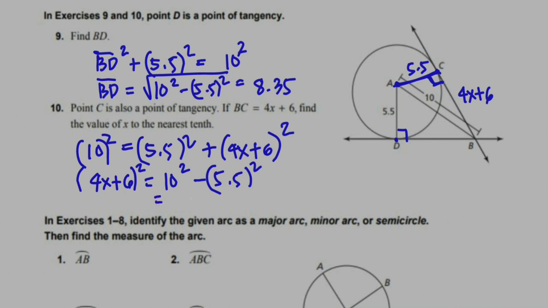That is 100 minus 5.5 squared, so that is 69.75.